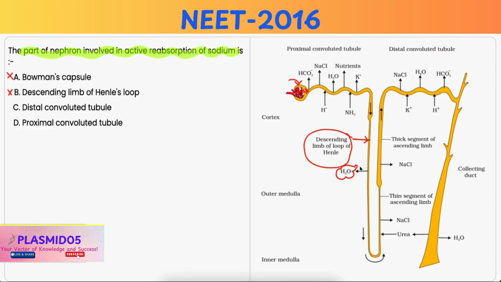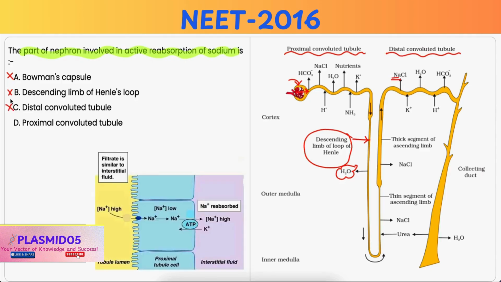and not sodium. Option C, distal convoluted tubule. Now, while the distal convoluted tubule does actively reabsorb sodium, its contribution is regulated by hormones like aldosterone, and it is also secondary to the proximal convoluted tubule in terms of the amount of sodium reabsorbed. Hence, it is incorrect.